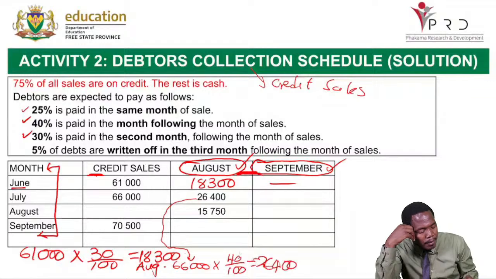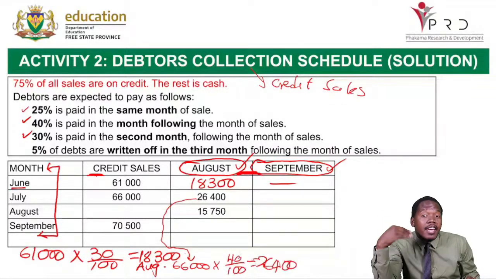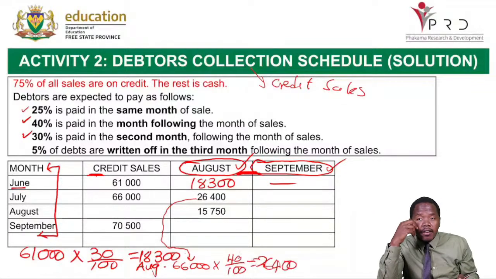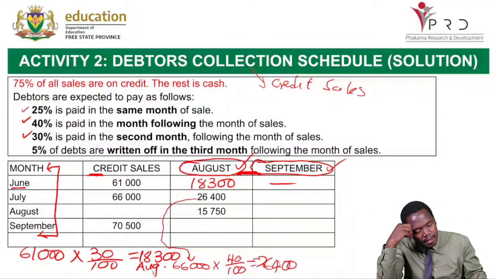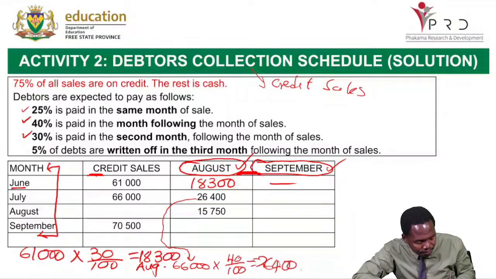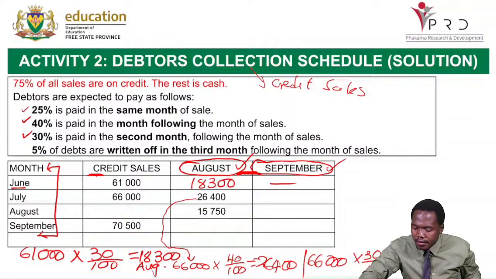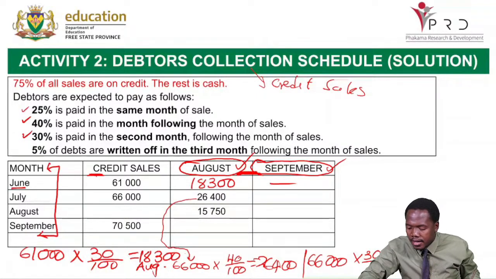After collecting 40%, we collect what? Remember, it is 25% collection, 40% collection, 30%, as long as the months are part of our forecast months. Okay? After collecting 40, we collect 30. So now, we use the very same 66,000 multiplied by 30 over 100.